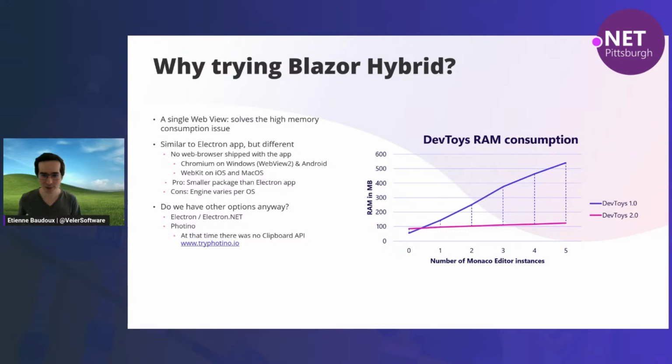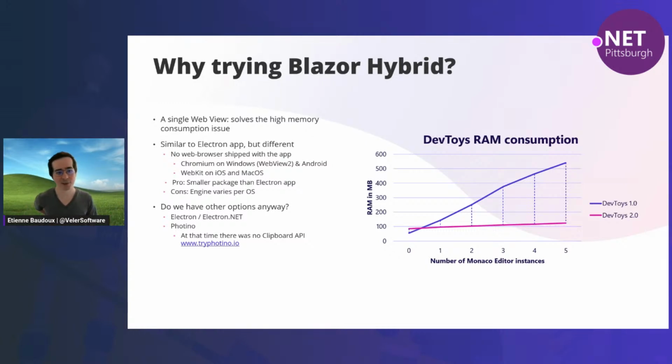Second thing that personally I really like with Blazor is that, when you make an Electron app, such as a Hello World, easily the app will take 100 to 200 megabytes of disk space. And the reason is that when you make an Electron app, your app will come with a copy of the Chromium web view.